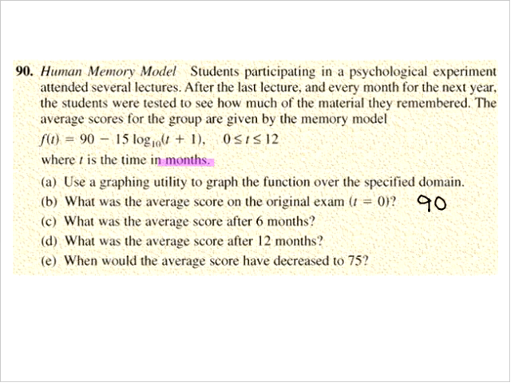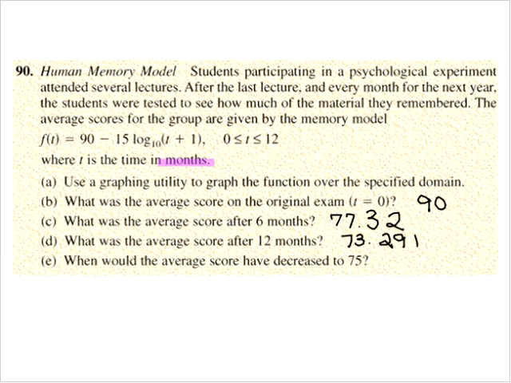What do I get when I plug in 6? 90 minus 15 times log of 7. So approximately what? 77.32. When I plug in 12, I get 90 minus 15 times log of 13. And that is 73.291.